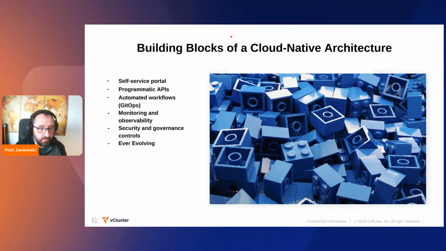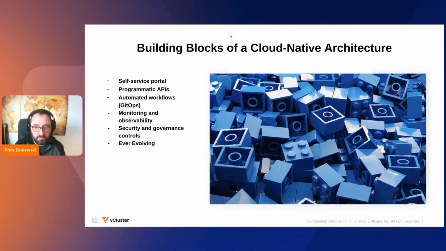Another building block is automated workflows via GitOps. This is pretty much a standard right now. You can use either Flux or Argo CD. There are other ways to do this, but those two applications are most popular. Monitoring and observability, definitely something you want to have from day one. And as I mentioned earlier, security and governance controls. This is something that every platform should think of.